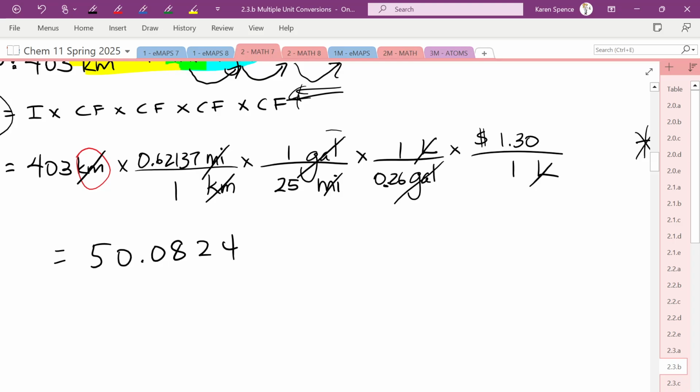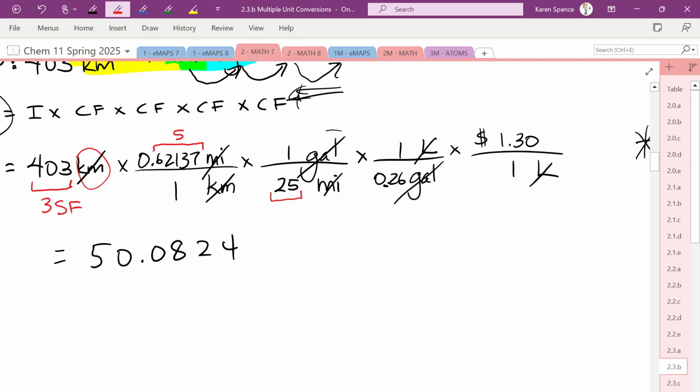Now, sig figs here. How many sig figs should we use? Well, we have 3 sig figs here. Yeah. We have 5 sig figs here. Is this 2 or is it infinite?